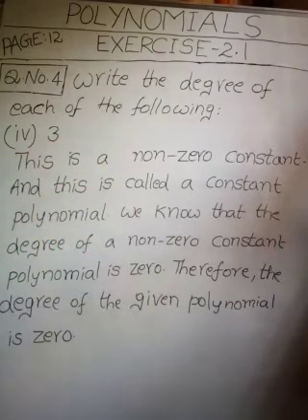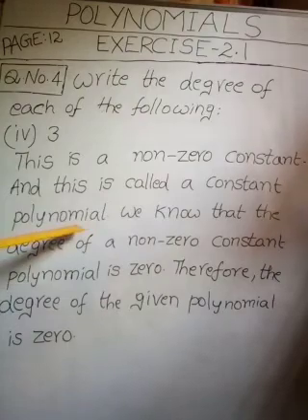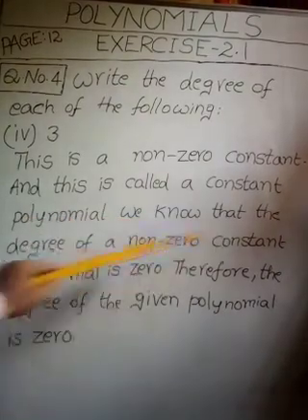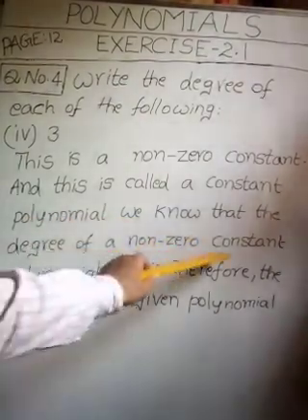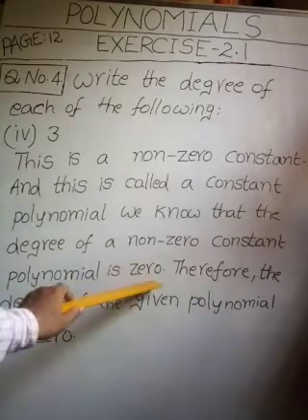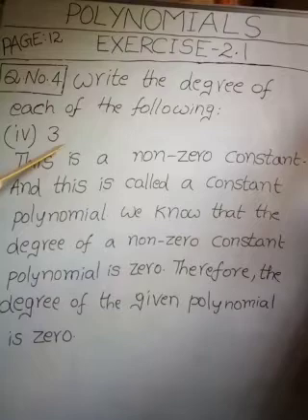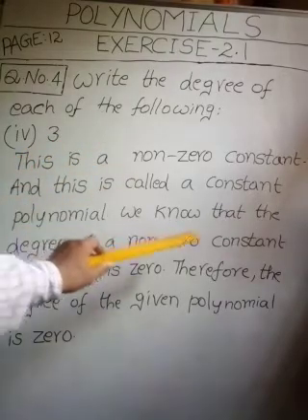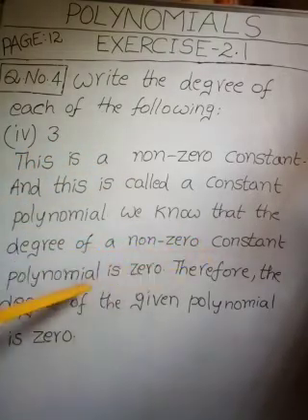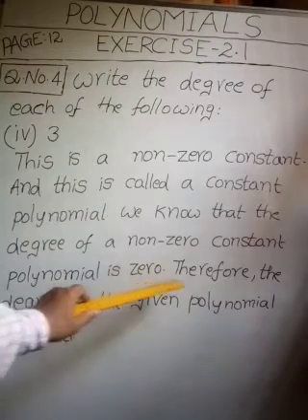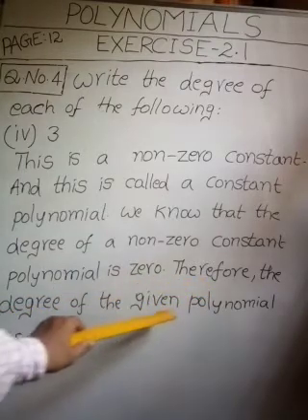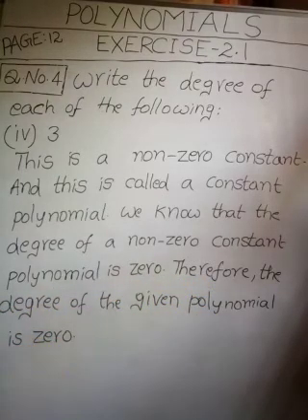We know that the degree of a non-zero constant polynomial is 0. Therefore, the degree of the given polynomial is 0. Is it clear, my dear children?